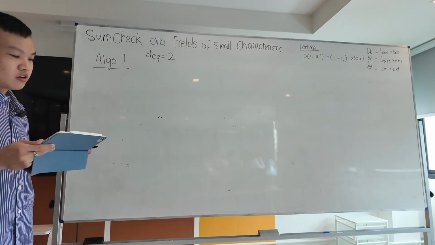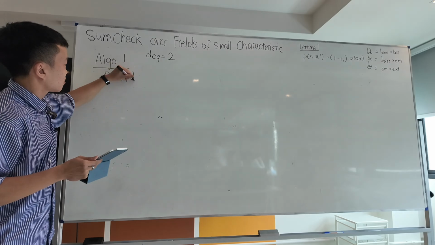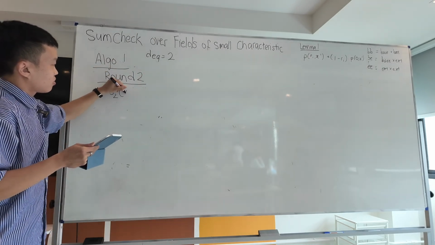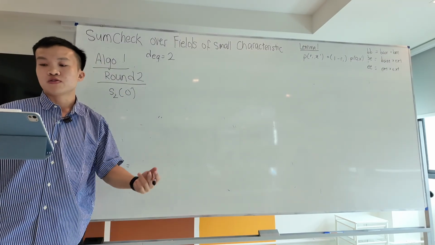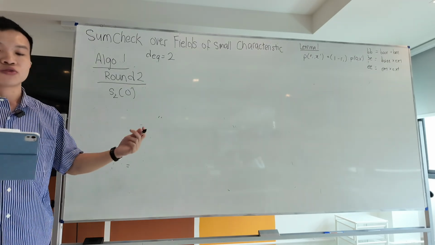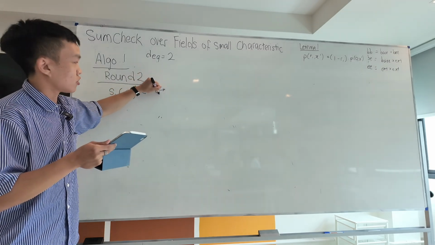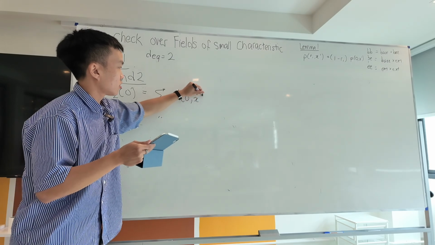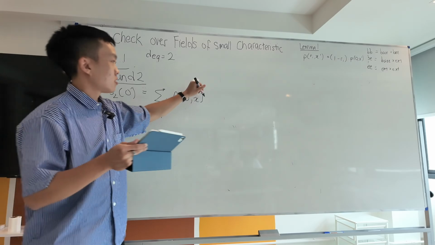Okay, so in round 2 again, we're going to do something very similar. We're going to calculate S20, S21, and S22. But this time we can just reuse what we have from before. So again, this is just A0 of X. Remember, we pre-calculated this in the previous round, stored in the array.